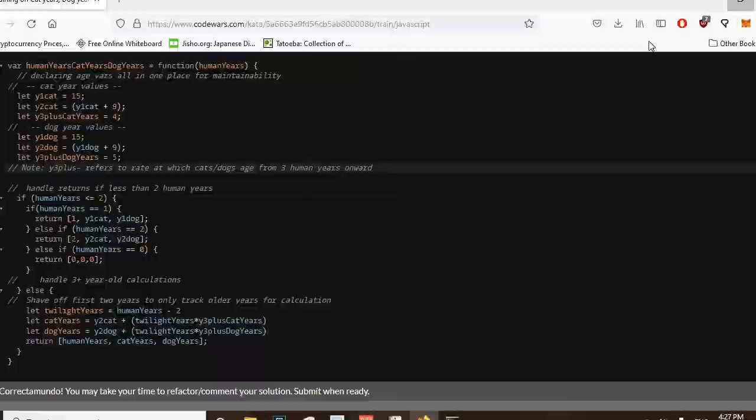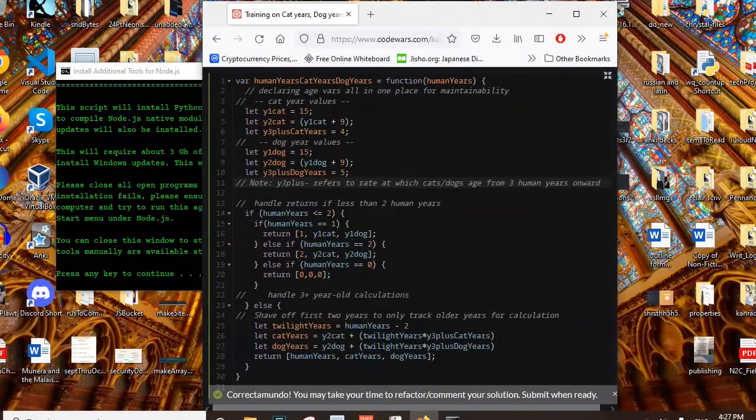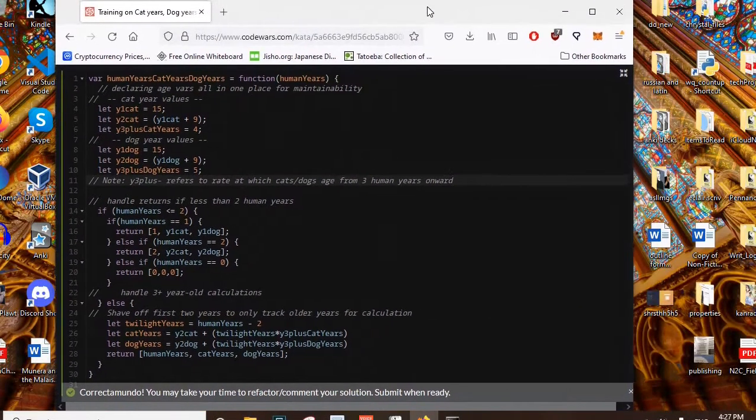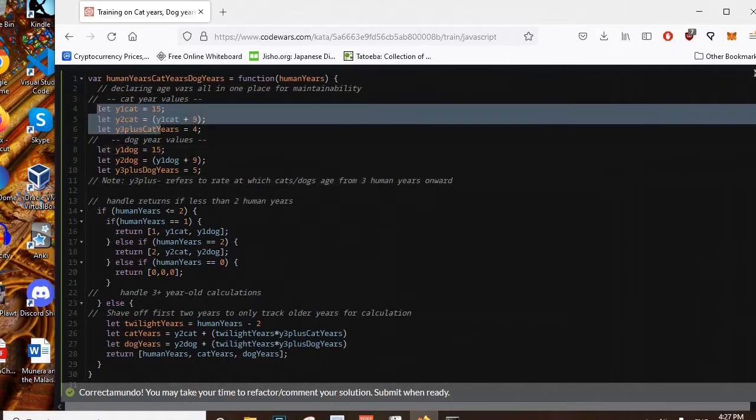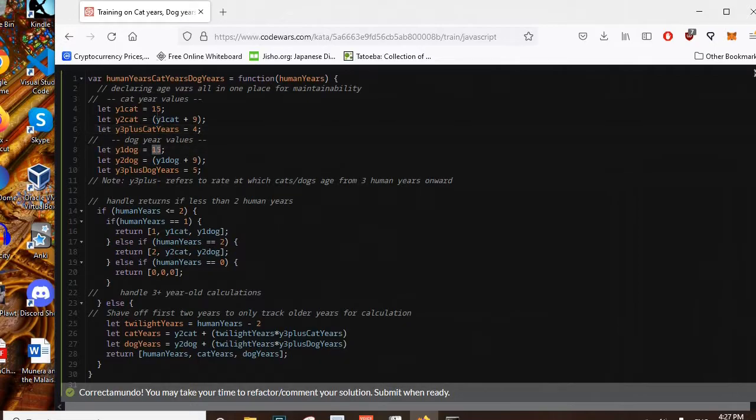It sucks that I have to resize this to go in here. This is fine. It doesn't really matter. So let's actually look at these. The first year for both cat and dog is 15, but I have this set up as if I wanted to easily change this.